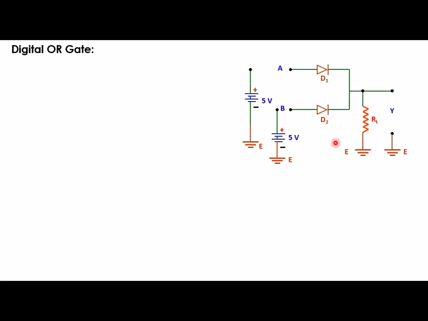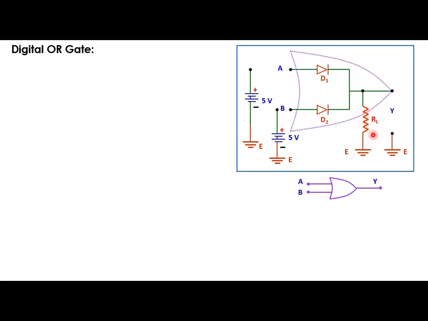So in this circuitry, A and B are inputs where we have a provision to give either plus 5 volt or 0 volt, and Y is the output which we are tapping across this load resistance RL.